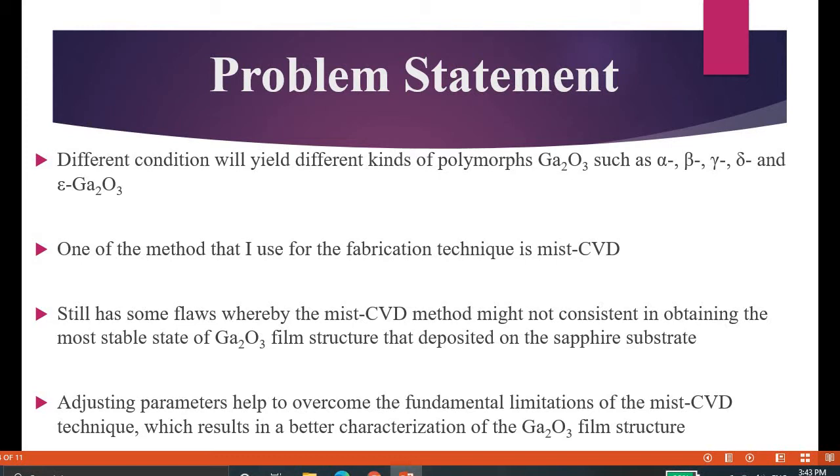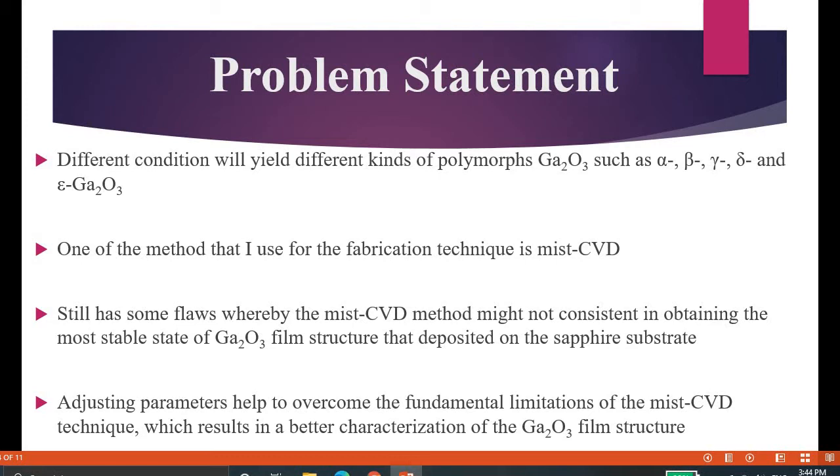One of the methods I use is the mist-CVD technique, which still has some flaws, because mist-CVD is not consistent in obtaining the most stable gallium oxide thin film structure.